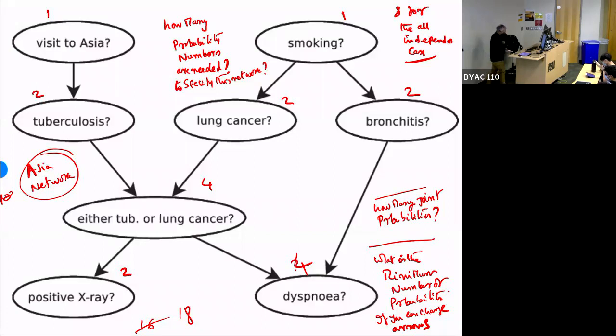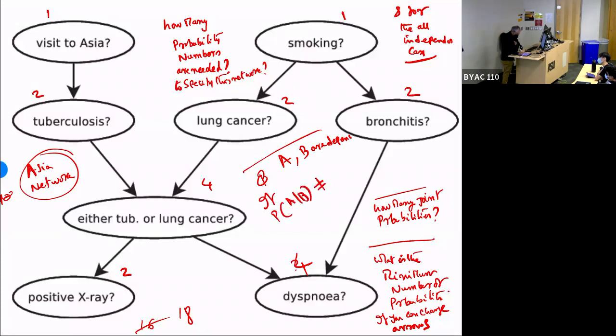What a probabilistic dependency says is A and B are dependent if P(A given B) is not equal to P(A). That's it. That's the definition of probabilistic dependence. It has nothing to do with causality. Okay. Does that answer your question? Any other questions?